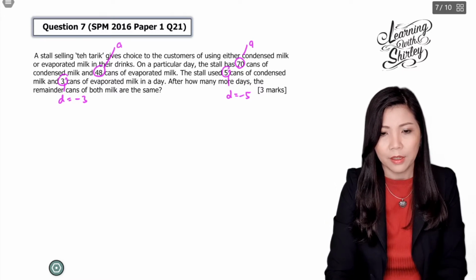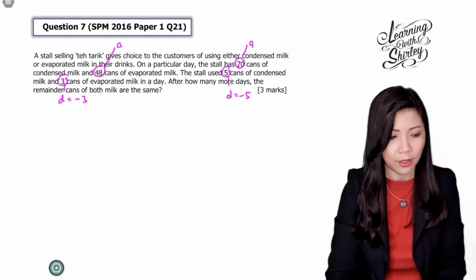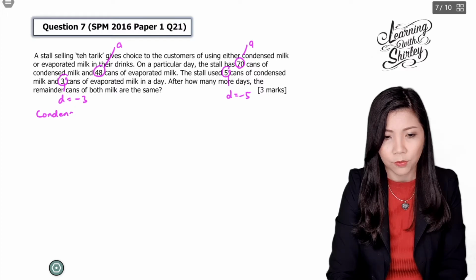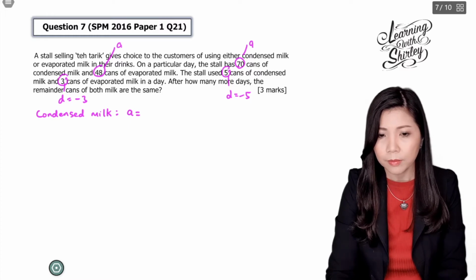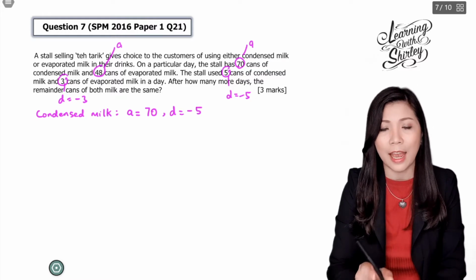Okay, so I'm going to list down for condensed milk first. For condensed milk, the A is 70 cans, and the D is negative 5. So we're going to find the Tn for this.